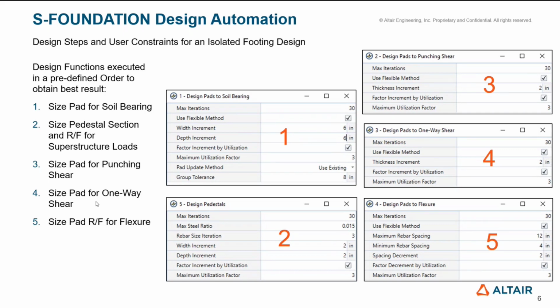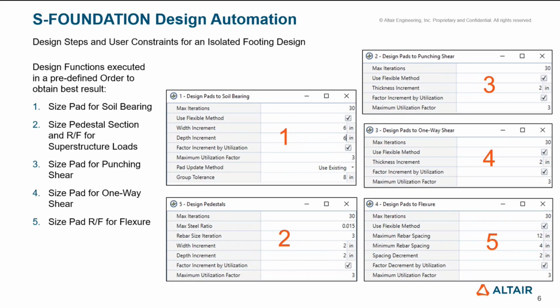There are 2 types of shear here: punching shear and one-way shear. Both of those rely only on the thickness of the pad. So steps 3 and 4 are basically giving you the pad thickness, while step 1 is giving you the area of the pad. And then the last step is to determine the reinforcement in the pad. In this case, it's flexural reinforcement that would be at the bottom or the top.